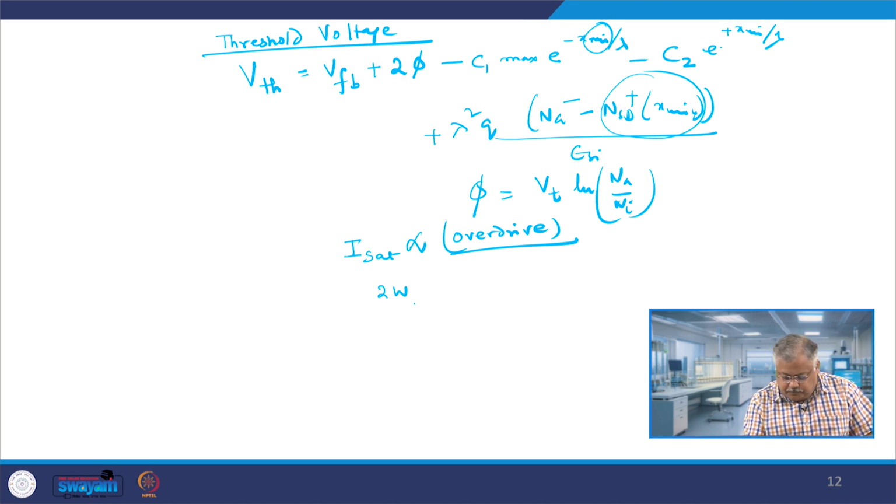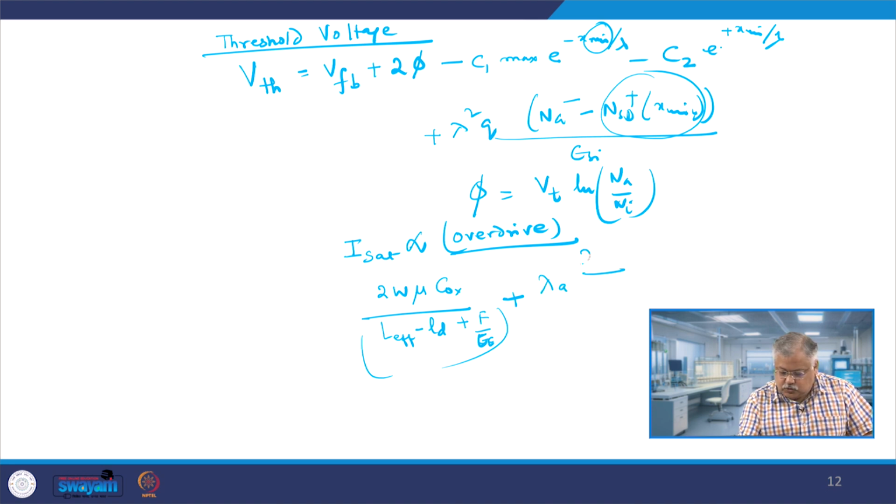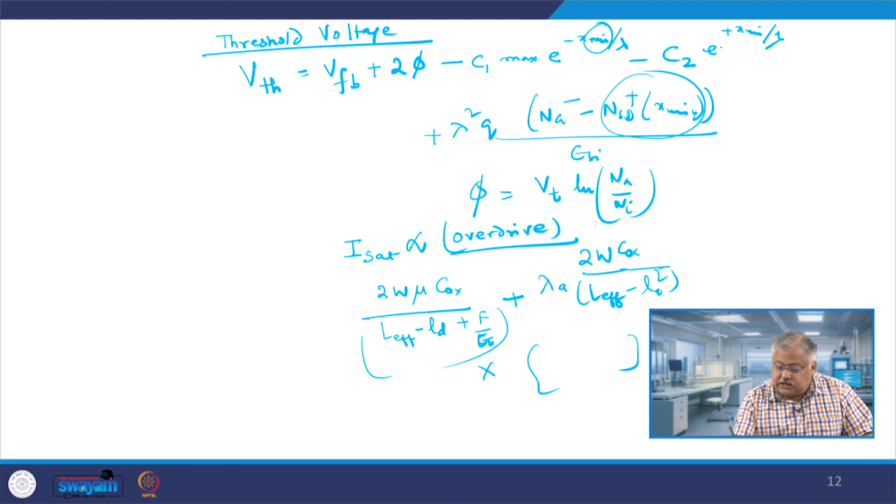It is 2W mu times Cox divided by L, the effective channel length, minus diffusion length plus F by EC. This is a constant; EC is the saturation critical electric field which we get, plus lambda times A times 2W Cox, L effective minus LD square, and so on and so forth, multiplied by some voltage value here, which means that W is still in the numerator and L is in the denominator.